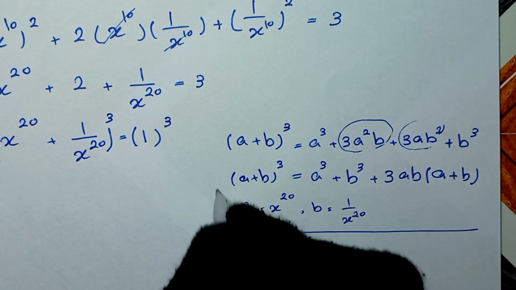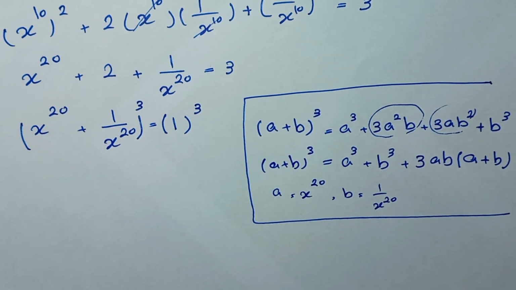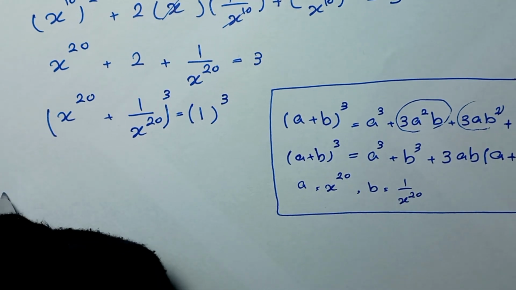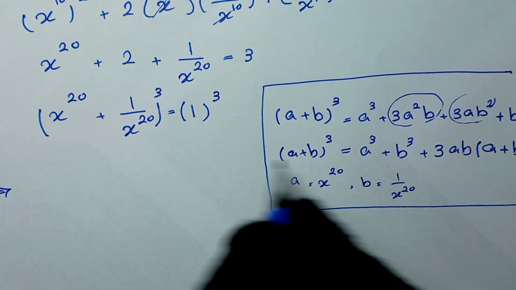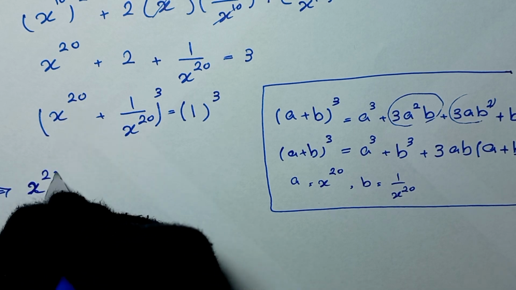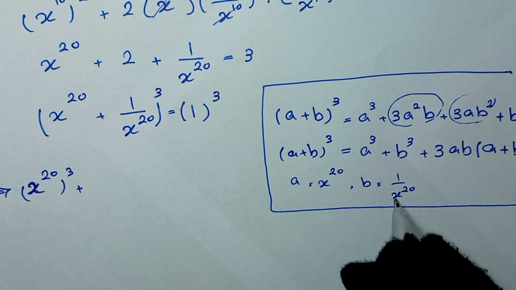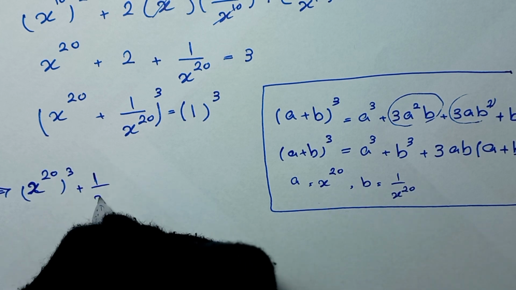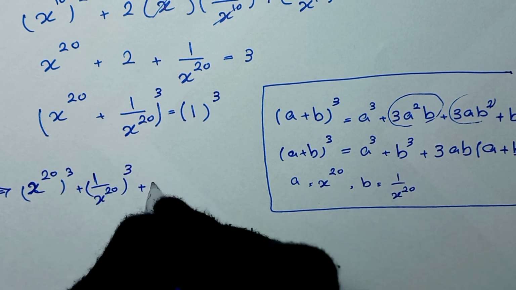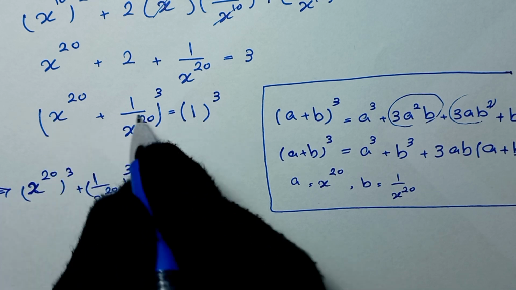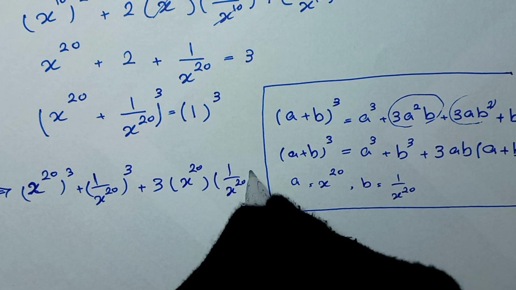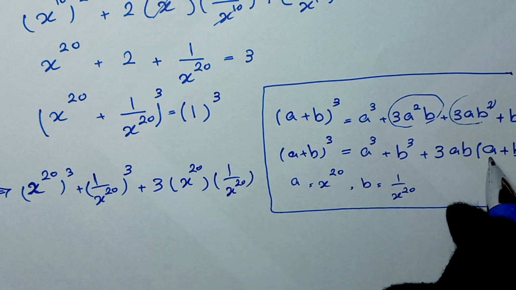So, we write this in this form and it will be, in here, a cube, x to power of 20 to power of 3 plus b cube, 1 over x to power of 20 to power of 3 and plus 3ab, 3 times x to power of 20 times 1 over x to power of 20 and times a plus b.